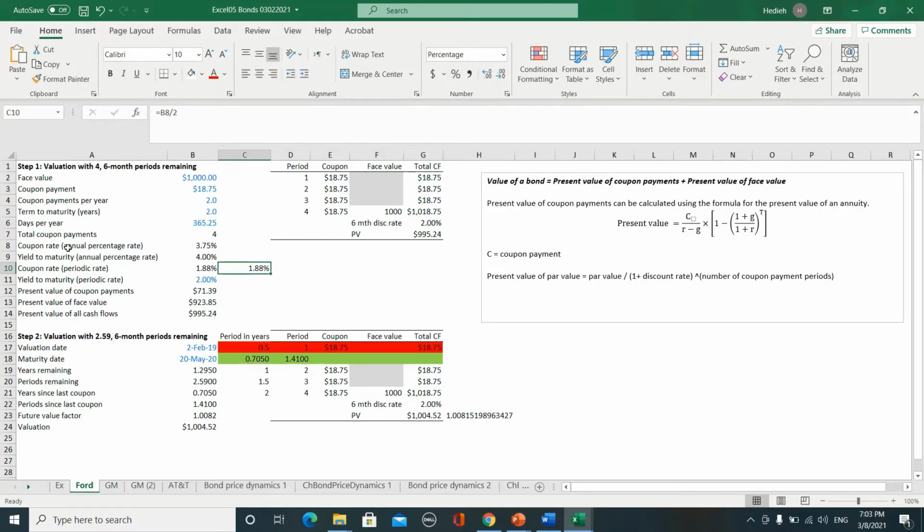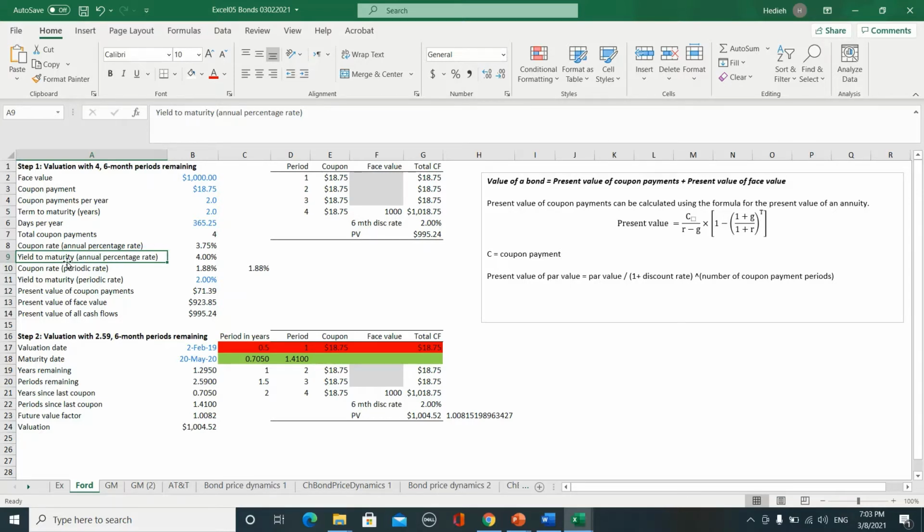Okay, so you have your coupon rate, and then you are told that the correct discount rate in order to discount the cash flows of a bond and find the price of a bond is 4%. So this discount rate is also called yield to maturity, and it is usually reported as an annual percentage rate.